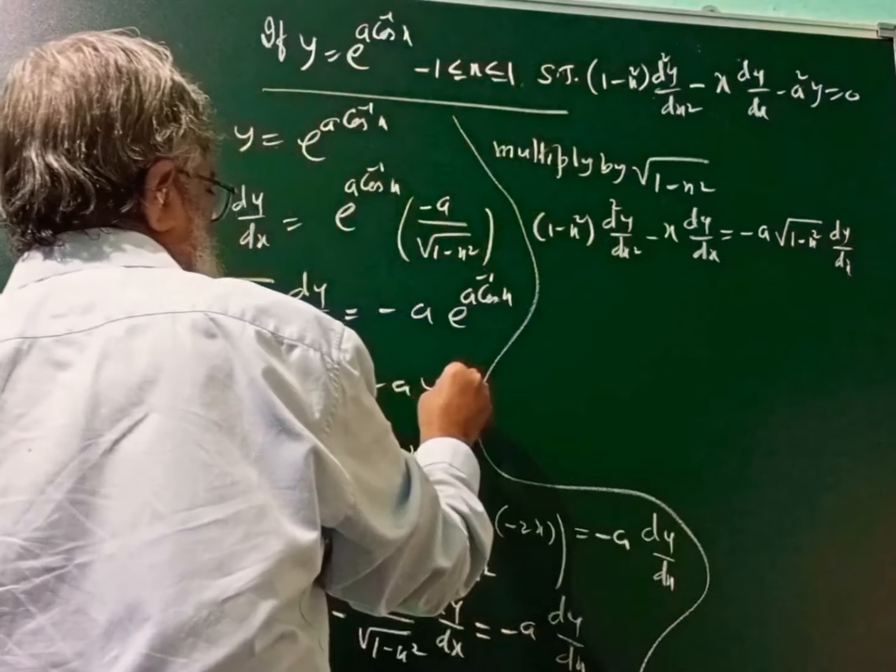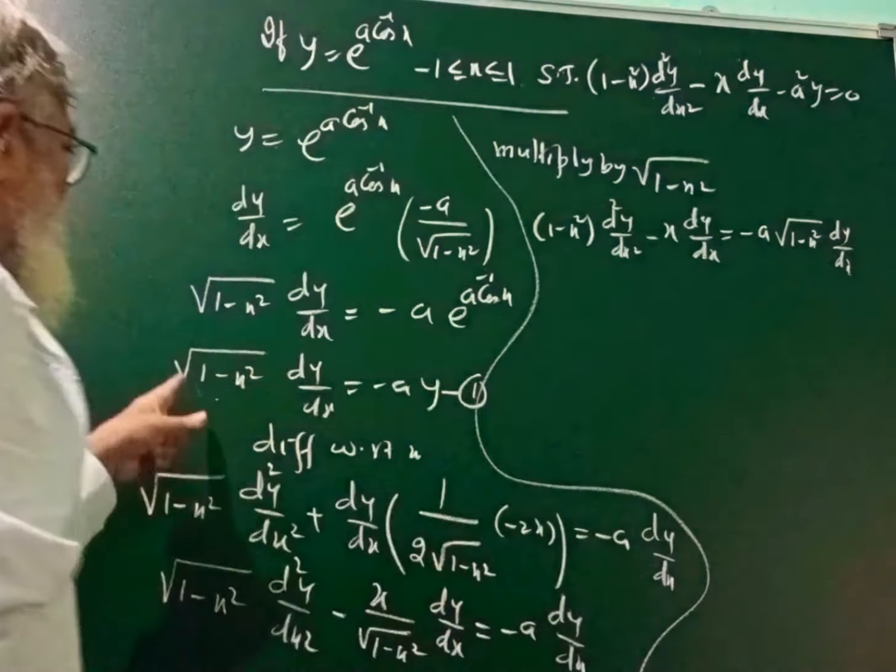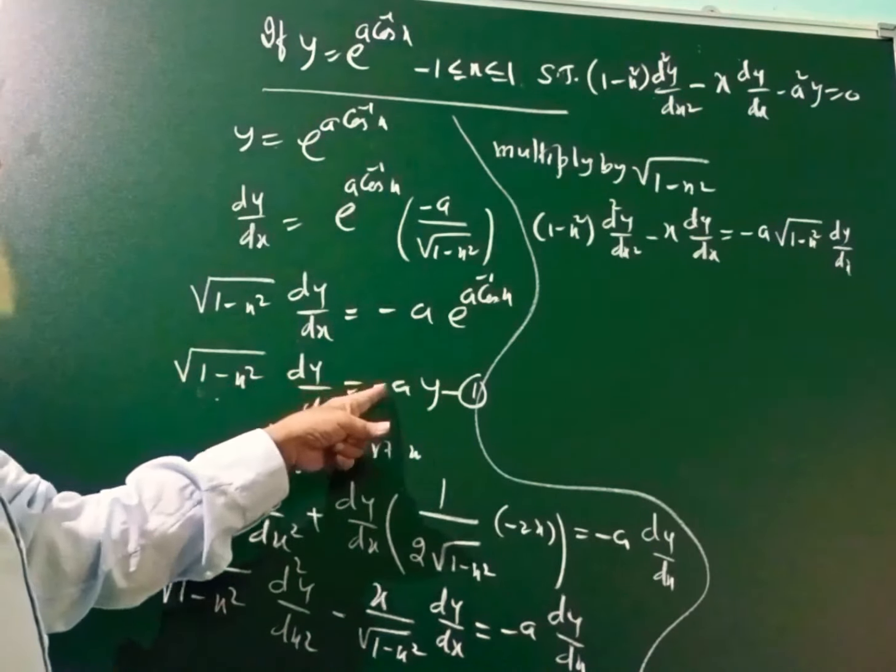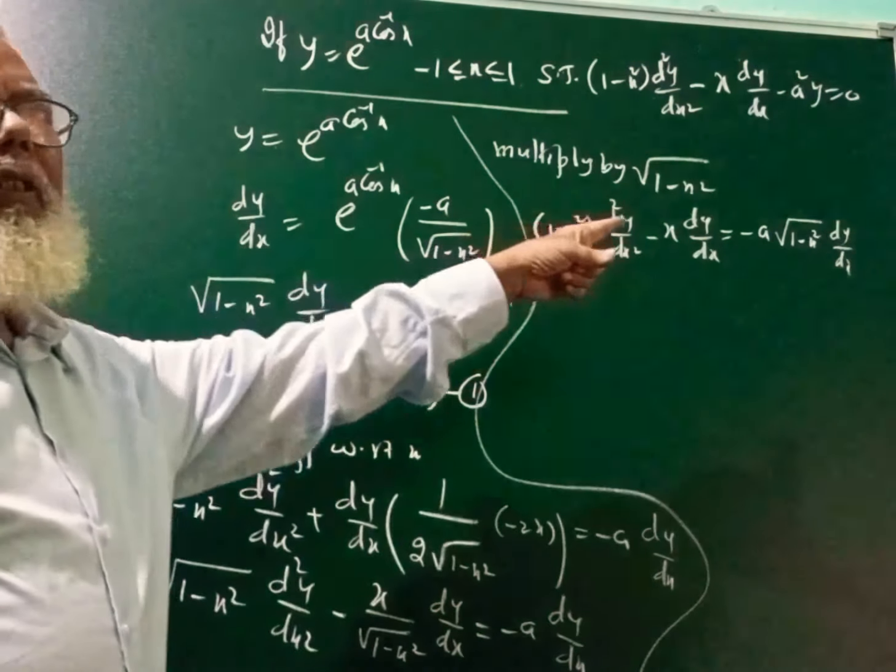Now see the equation 1. The value of this root into dy by dx is minus a y. Let us substitute in this.